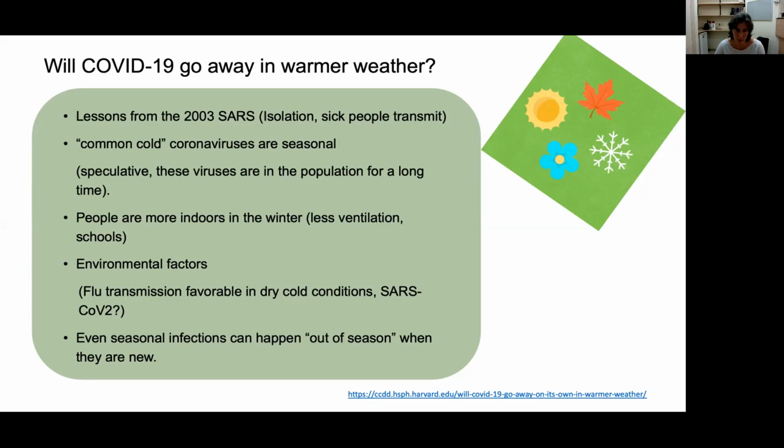Regarding influenza, it was found that the virus favors dry and cold conditions. We don't know that about SARS-CoV-2. People are more indoors in the winter, so maybe they get more readily infected. That might change in the summer. A lot of people say that there's no influenza in the summer, but that's also not really true.